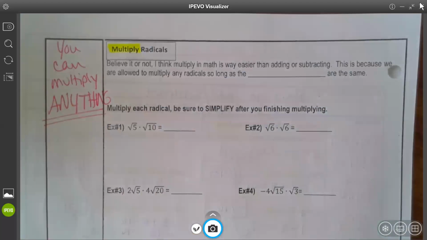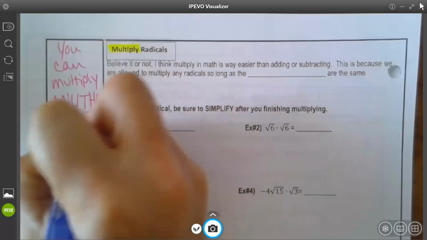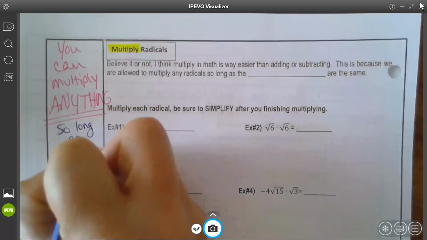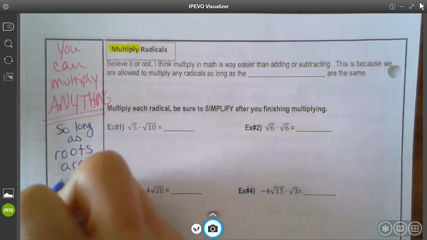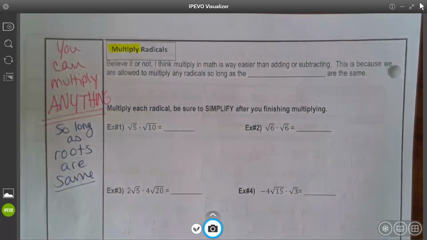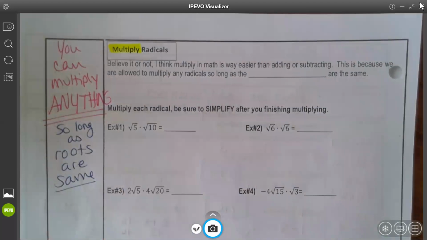You don't have to do the extra step of making sure that they match. So you can multiply anything, but there's a little condition here, so long as the roots are the same. So you can multiply square roots and square roots, and you can multiply 10th roots and 10th roots. So you can multiply anything so long as the roots are the same.